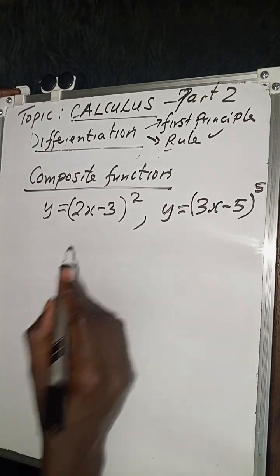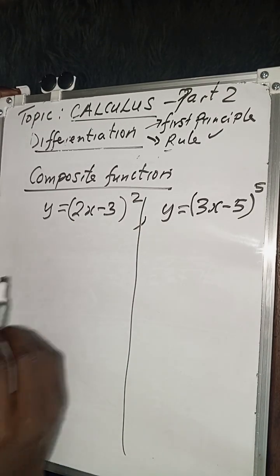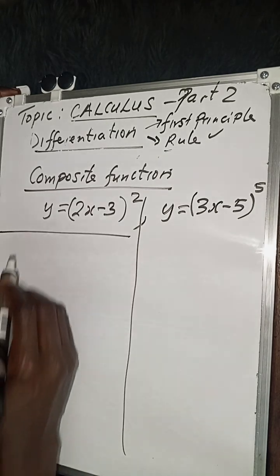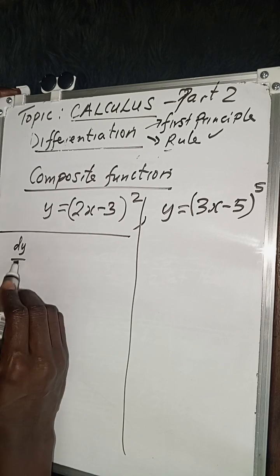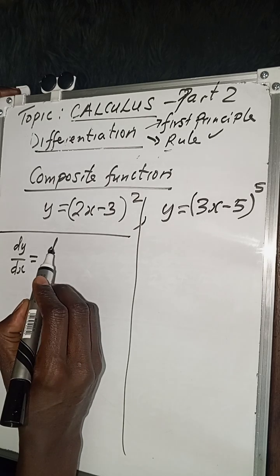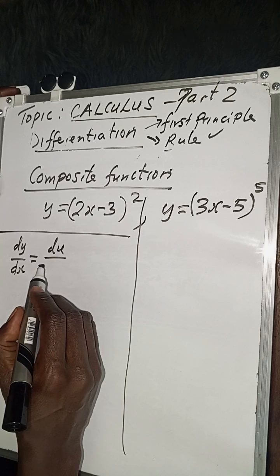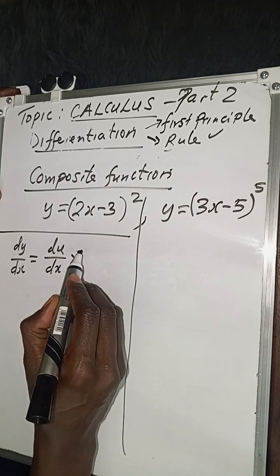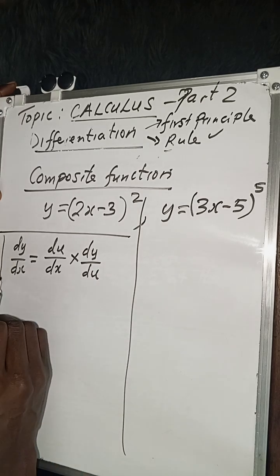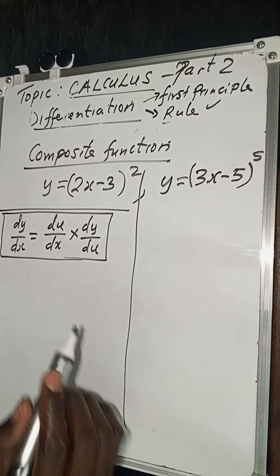According to the rule for composite function, to find dy over dx, you can use du over dx multiplied by dy over du. So that's the formula that we are going to use. Now, how does this come about? Well, let me show you how you can do that.